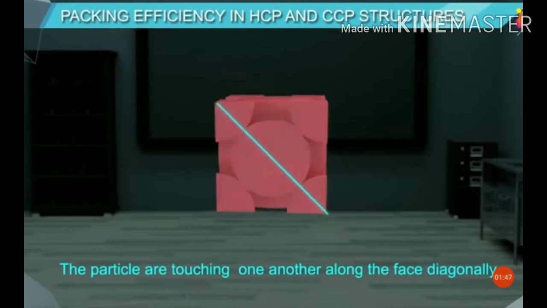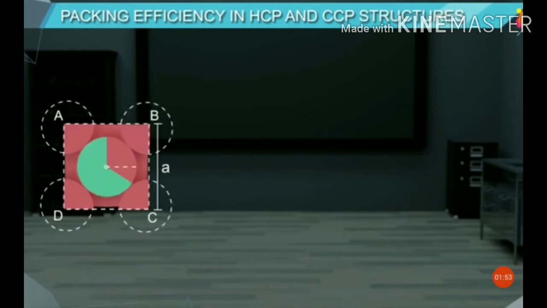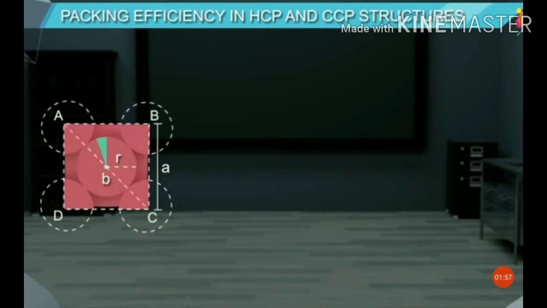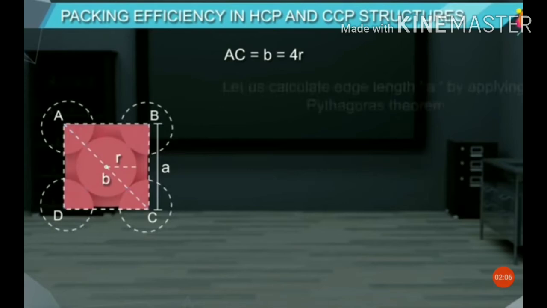Let the edge length of unit cell be a, the radius of each sphere r, and the face diagonal AC is equal to b. Then face diagonal AC is equal to b, which is equal to 4r, you can see in the figure.